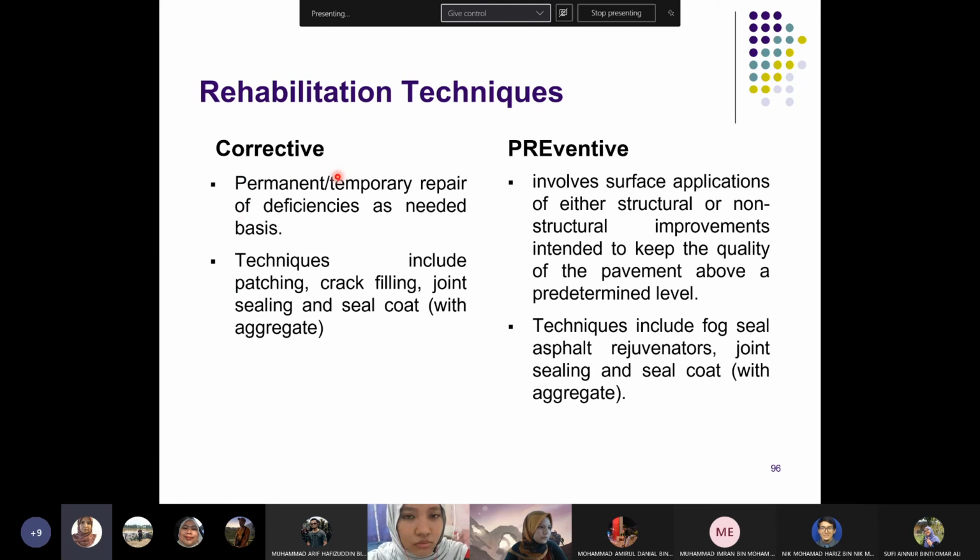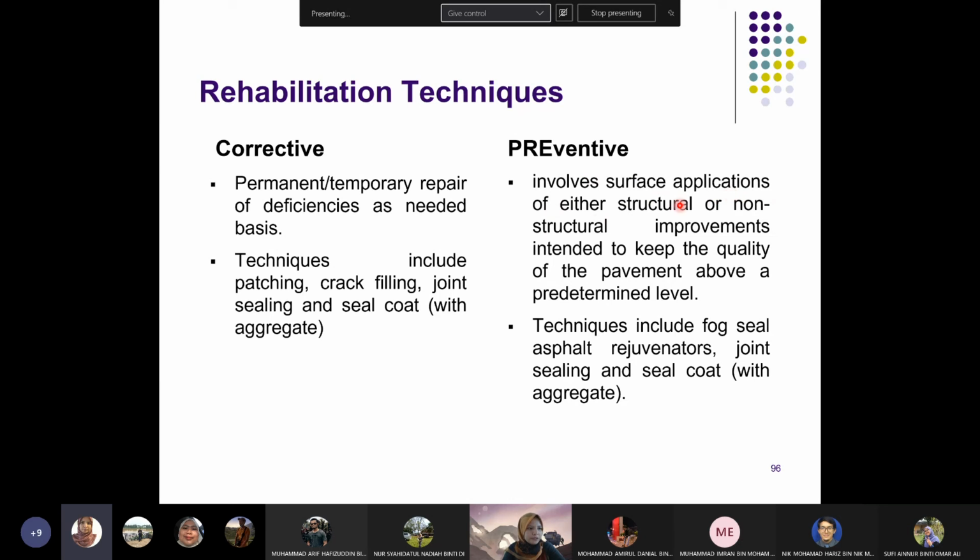Okay, there are two types of maintenance. One is corrective, one is preventive. Corrective is called a permanent or temporary repair of deficiencies on an as-needed basis. This is what we call early rehab works. Techniques include patching, crack filling, joint sealing, and seal coat with aggregate.